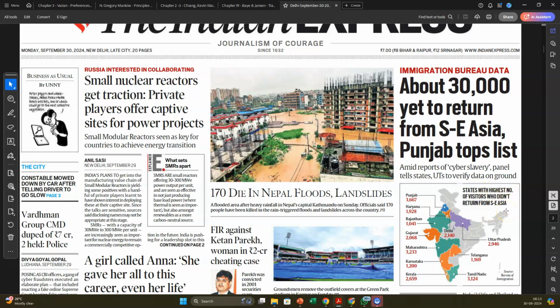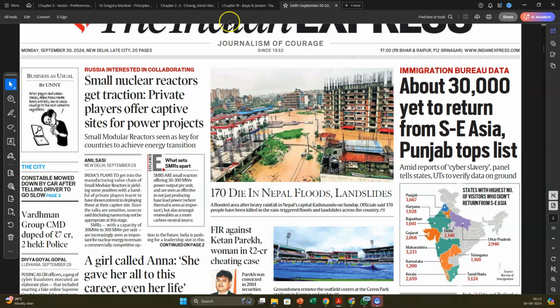People who went to Southeast Asia, and there are many reports of cyber slavery, especially in Cambodia and Vietnam, where people have been duped, told they will be called for certain kinds of online jobs, and then their passports are taken and they're forced to work and to do frauds on others.